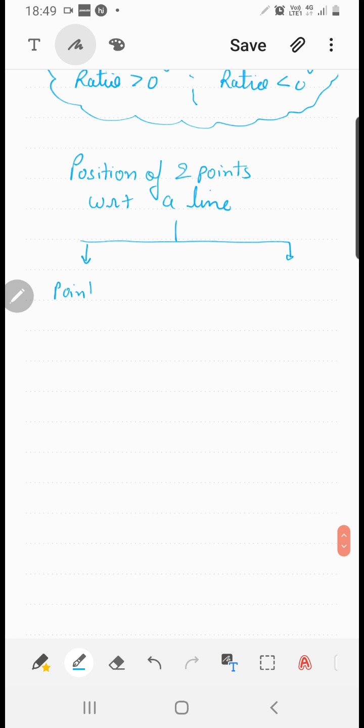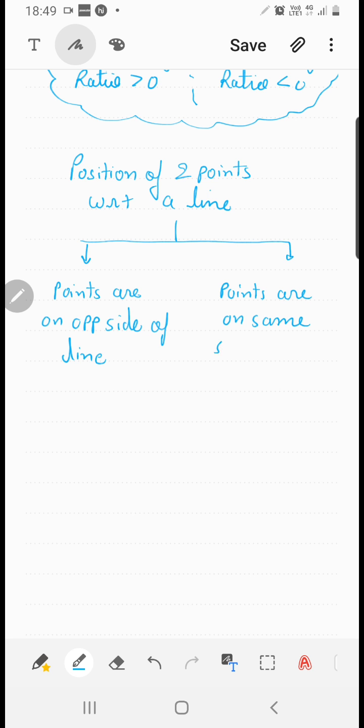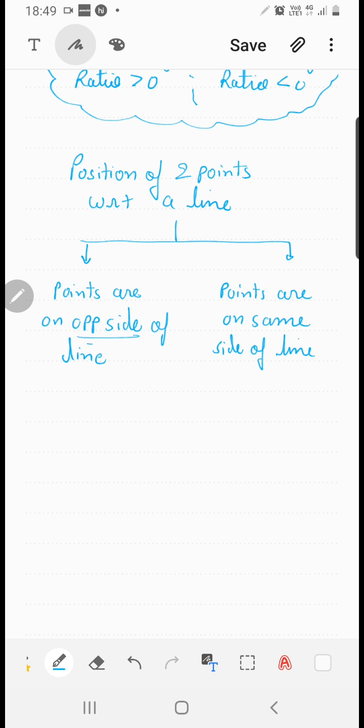Points are on opposite side of the line, or the points are on the same side of the line.